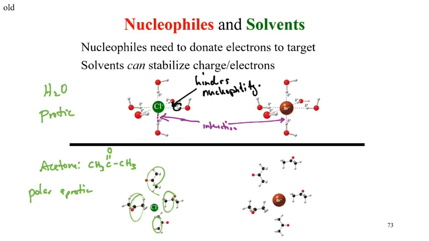And because bromide is significantly larger, there are more solvent molecules in the way of the nucleophile. So if there's more solvent in the way, that means that nucleophile gets hindered.